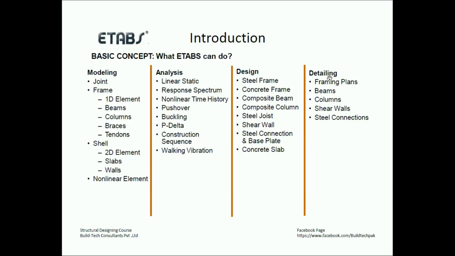Detailing means that once the design is completed, ETABS will show you this much percentage of reinforcement is required in the column, this much in the beam, the top reinforcement is this one, the bottom reinforcement is this one. This information is insufficient, because you cannot tell the construction site, okay, this is a beam, provide 2.5% on the left end, 1.5 on the right end, 3.5% on the bottom.